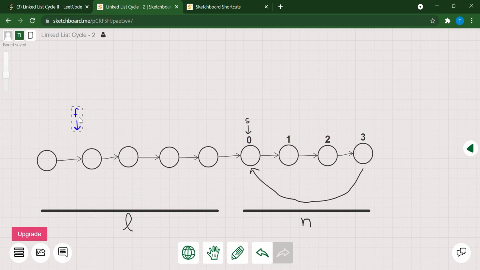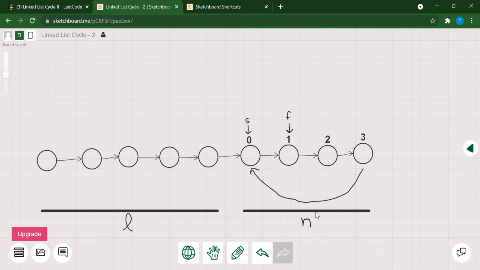So S traveled 1, 2, 3, 4, 5, and then F would have traveled 5 again, because the fast pointer travels 2 times for each time that S travels. So when the slow pointer is at the node that is the start of the cycle, the fast pointer is at this node that is labeled 1, right?